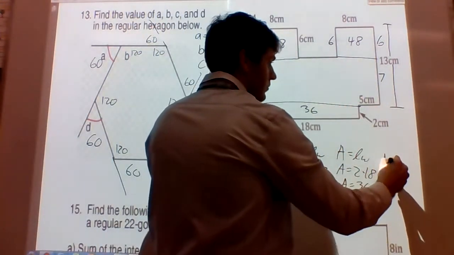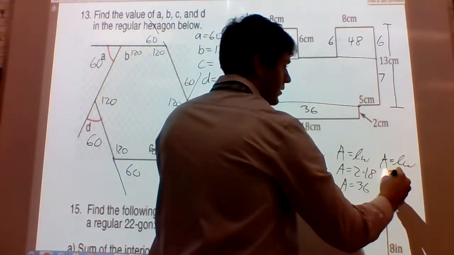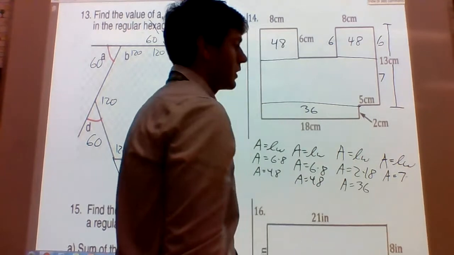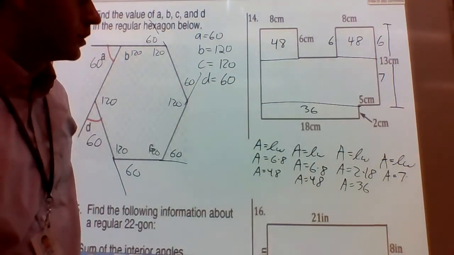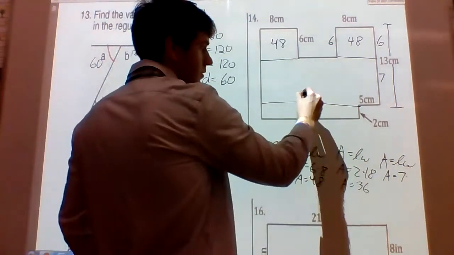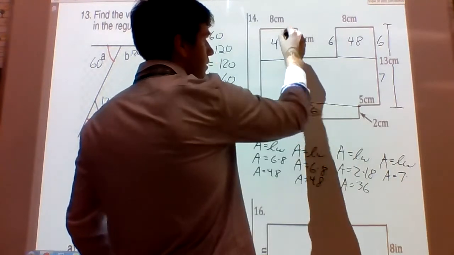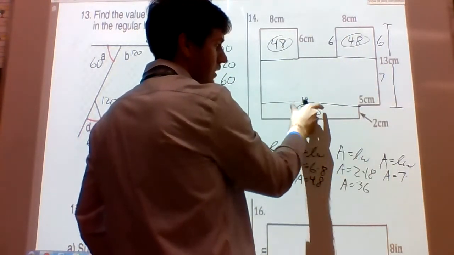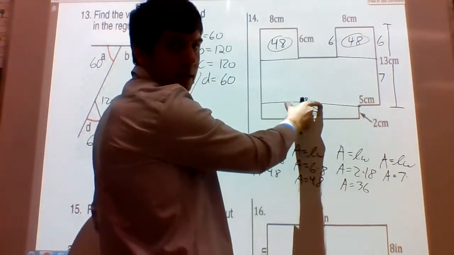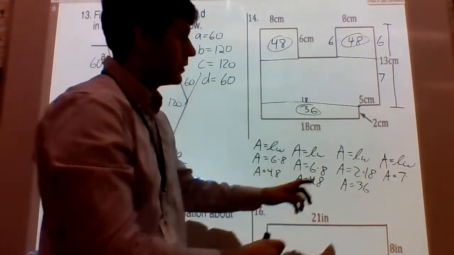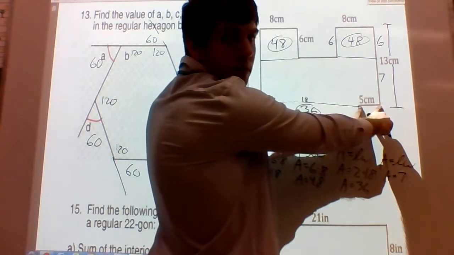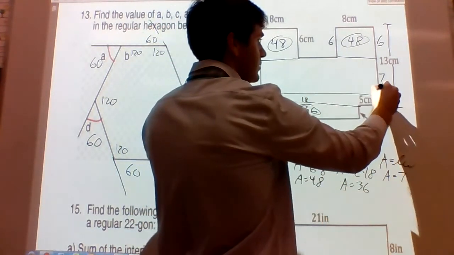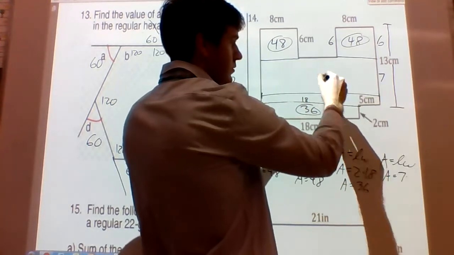So the area is length times width. We're going to have 7 times, we've got to find the width. Well, we know this piece is 18, and it's the opposite side of this rectangle, so this side is 18, this side is also 18. And we know this piece here is 5. So together, 18 plus 5 is going to give us 23.